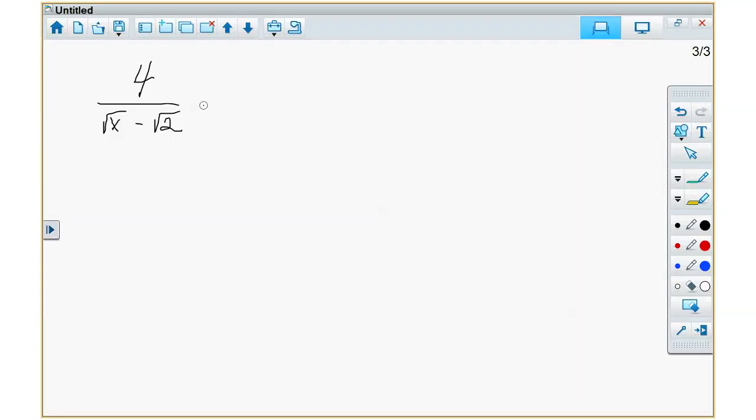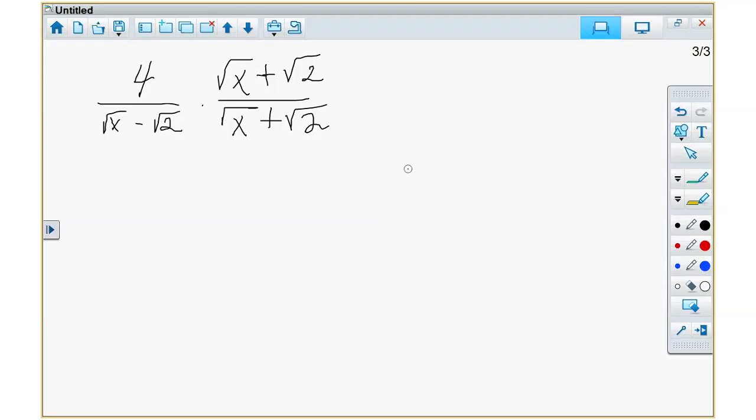Okay, so what's the conjugate of the square root of x minus the square root of 2? Square root of x plus square root of 2. And what does the conjugate give you in the denominator?